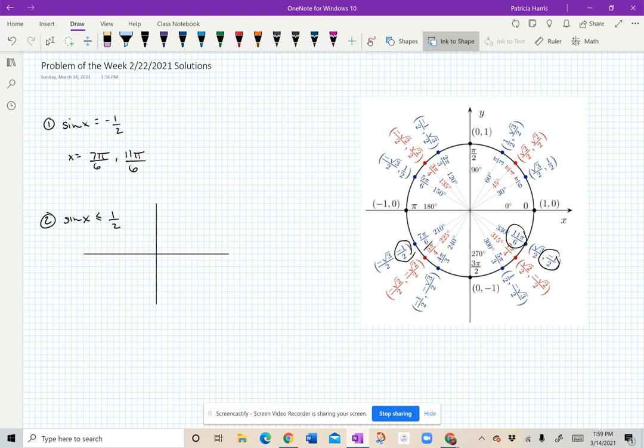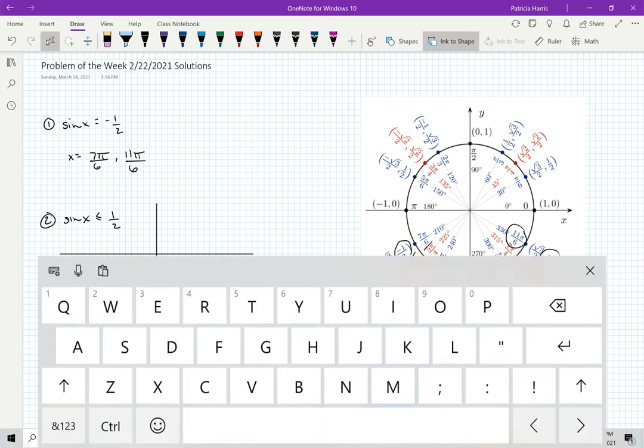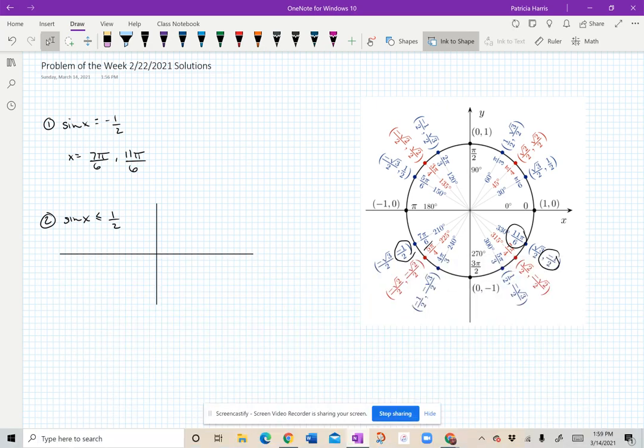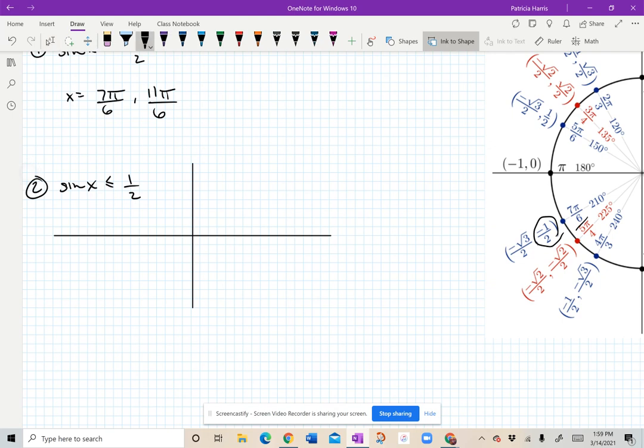I'm going to graph it by hand. Okay. All right, let's zoom in a little bit. Okay, so that's pi over 2. Pi. 3 pi over 2. 2 pi.